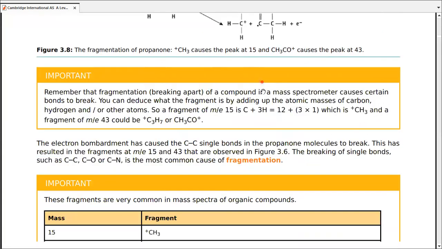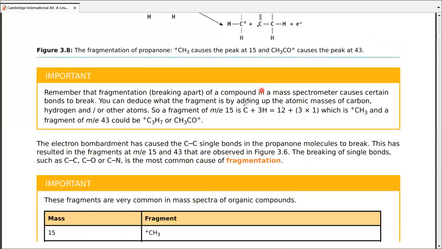Now, remember that fragmentation breaks down a compound. There are certain bonds that break. M over E 15 usually represents this. 43 can be this or this. Now, which are the bonds that usually break? Remember, this one would usually break, this one would usually break, this one would usually break. Since your book points these out, these are the most common ones you're going to go for.